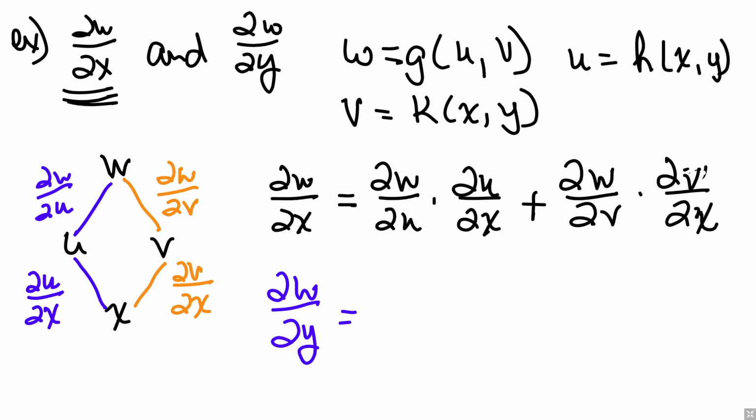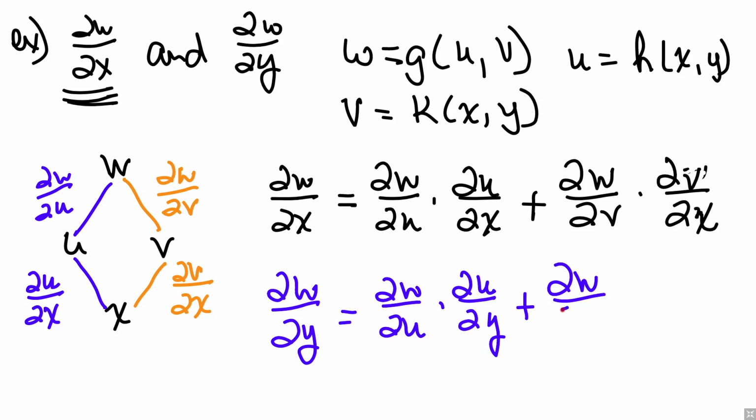So if we write this out, it's going to be the partial of w in respect to u times the partial of u in respect to y plus the partial of w in respect to v times the partial of v in respect to y. Any questions?